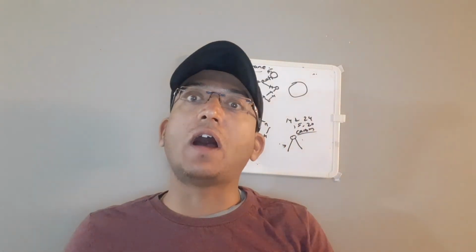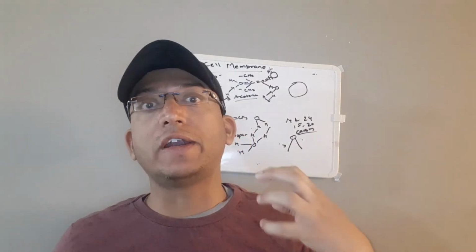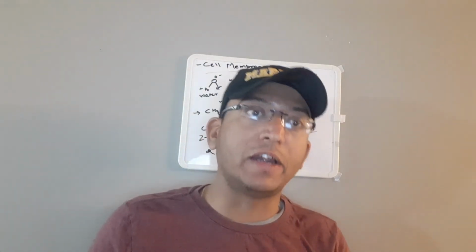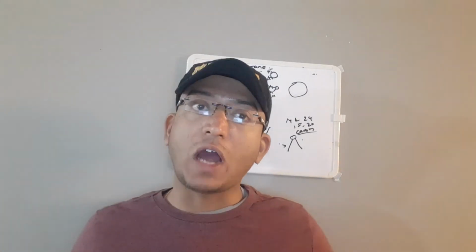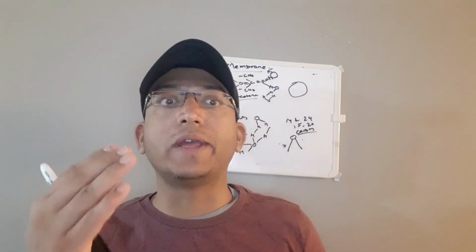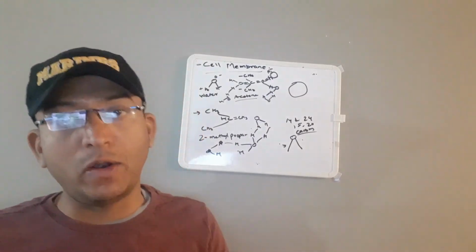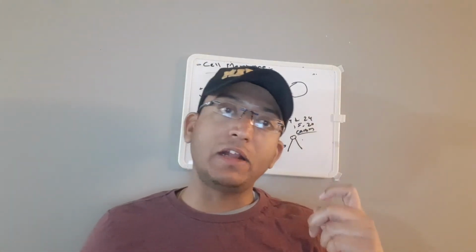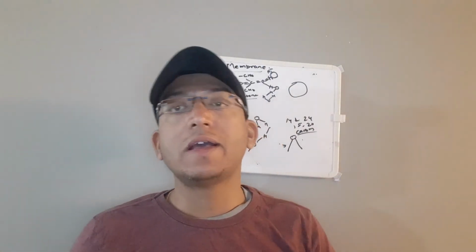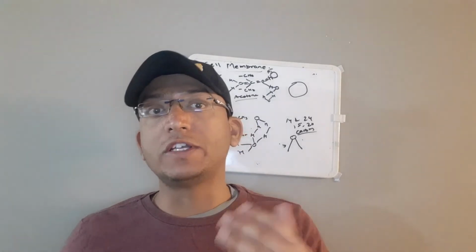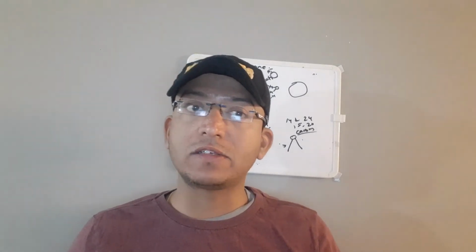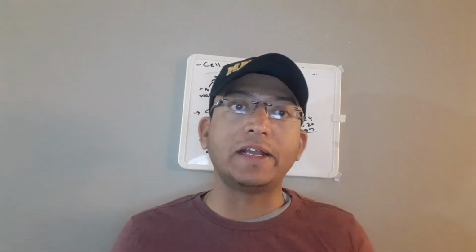The chain that harbors a double bond does not contain the maximum number of hydrogen atoms that could in principle be attached to its carbon backbone, so it is said to be unsaturated with respect to hydrogen. The hydrocarbon tail with no double bonds has a full complement of hydrogen atoms and is said to be saturated.